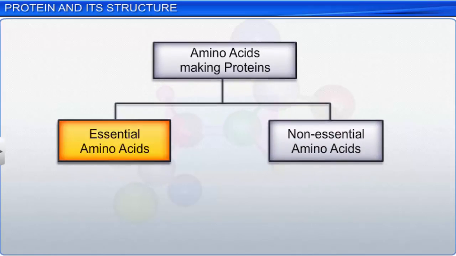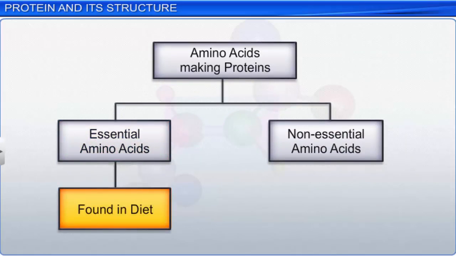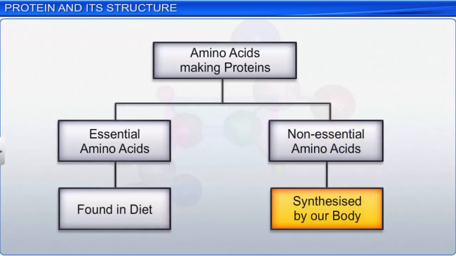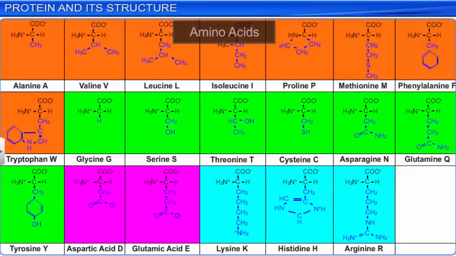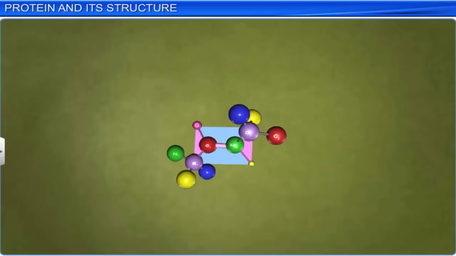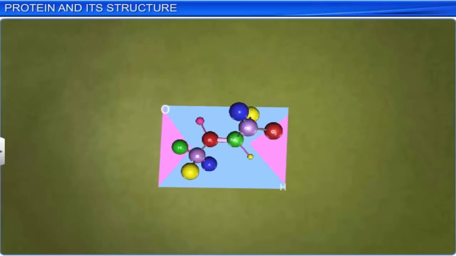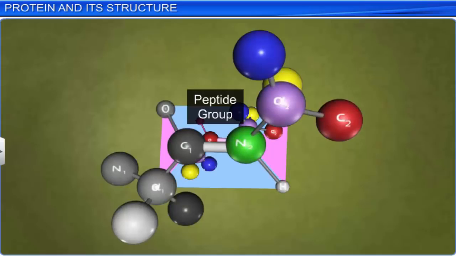Essential amino acids are found in our diet, while non-essential amino acids are synthesized by our body. There are 20 types of amino acids that come together to form proteins, and so they are also known as heteropolymers. In a heteropolymer, there are different types of monomers repeating n number of times.